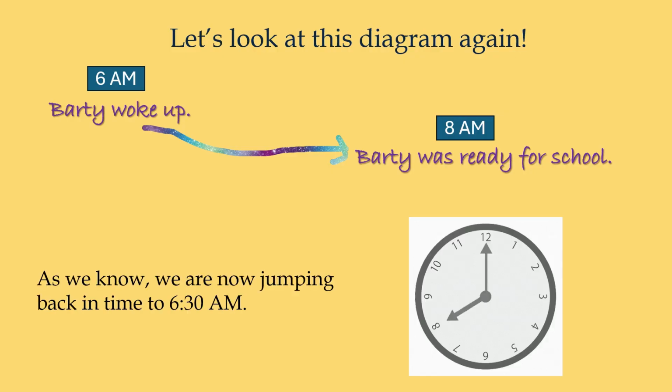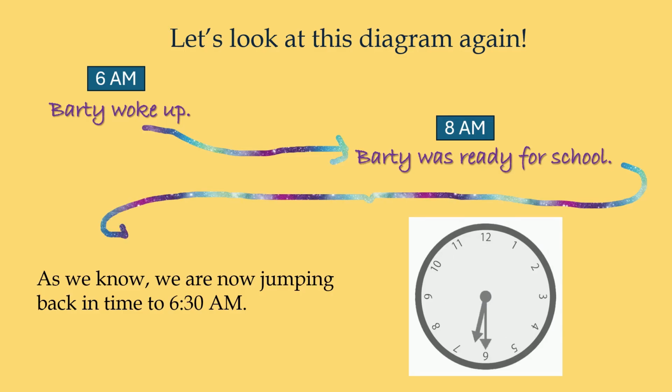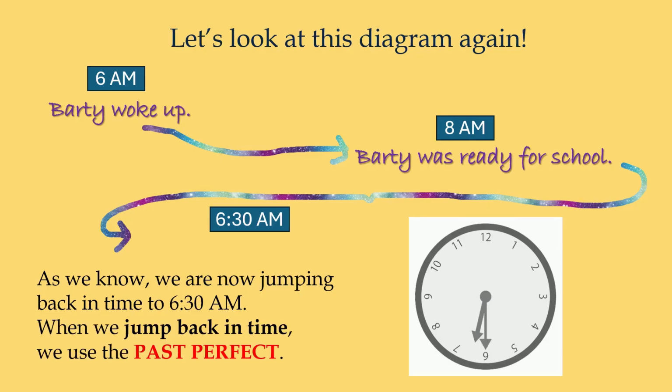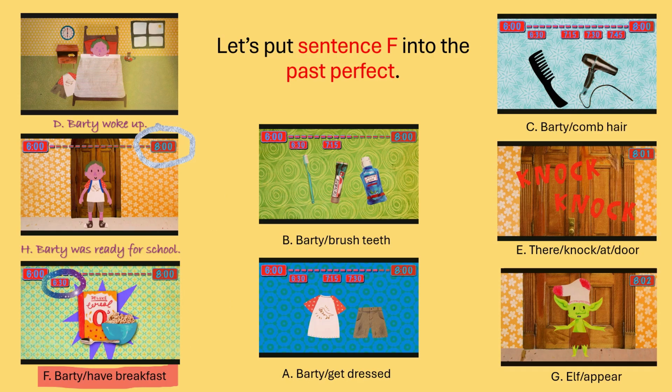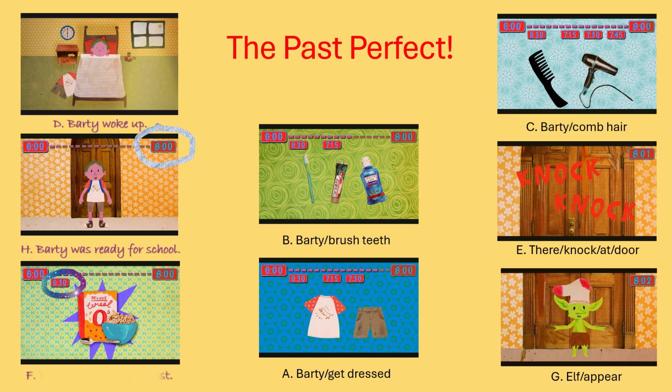As we know, we are now jumping back in time to 6:30 a.m. And when we jump back in time, we use the past perfect. And here we see it, the past perfect. So let's put sentence F into the past perfect. Barty had had breakfast.